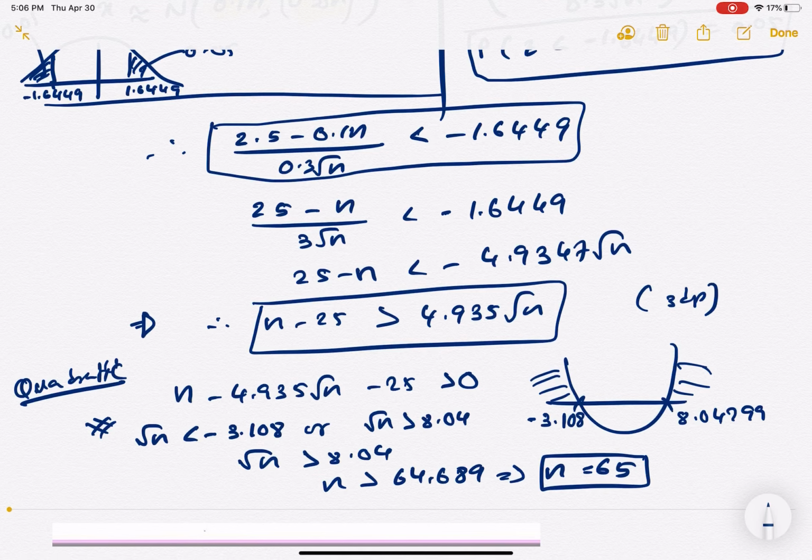Since it's an inequality, it should be this region that satisfies our requirement. And you can see root n is a positive number. It cannot be less than a negative number, so that is rejected. And root n to exceed 8.04, that means n should exceed the square of 8.04, which is 64.689. Therefore, we can say that n is equal to 65. Hope you understood.